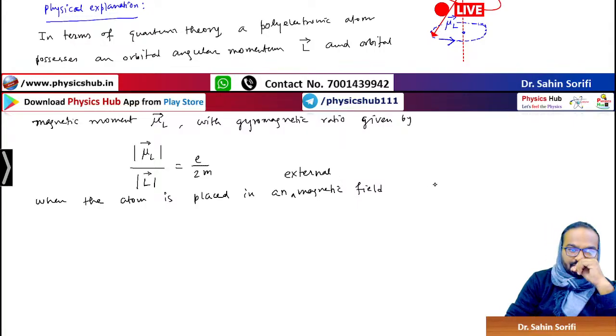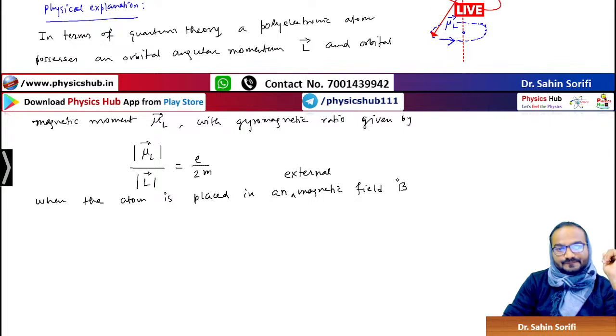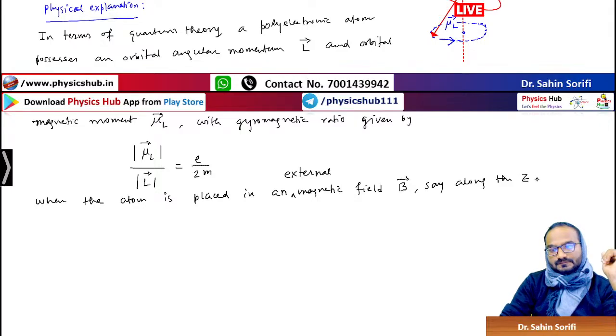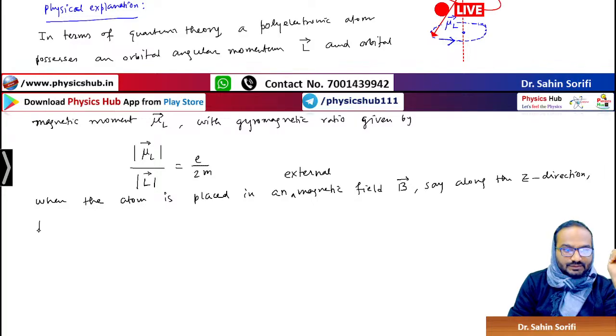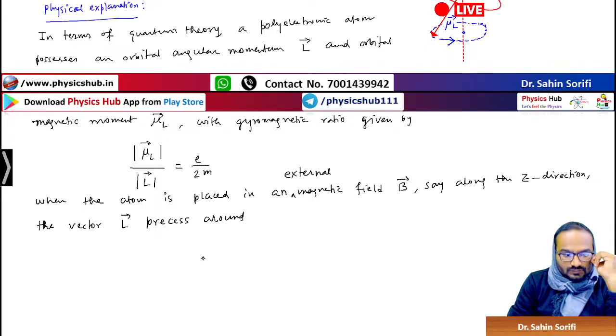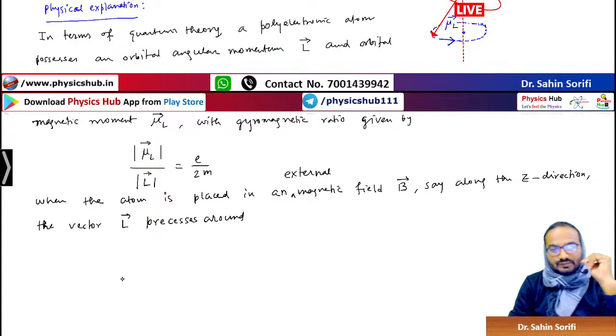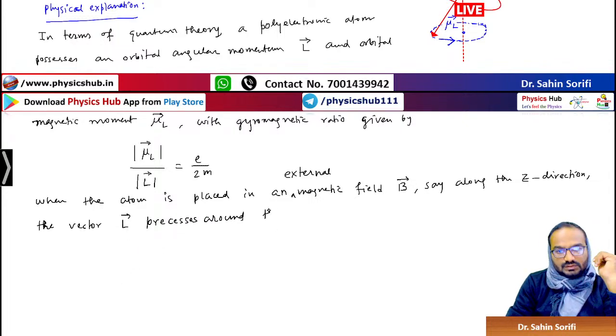When the atom is placed in an external magnetic field B, say along the z direction, L, the vector, will precess around the field direction.